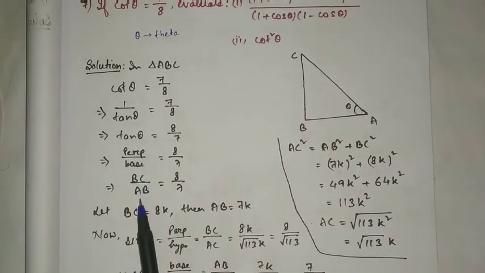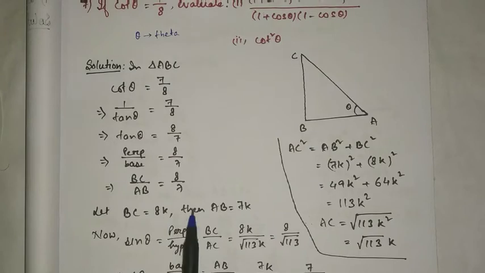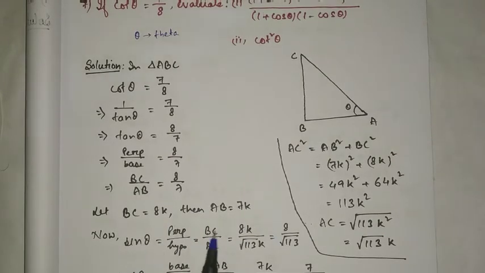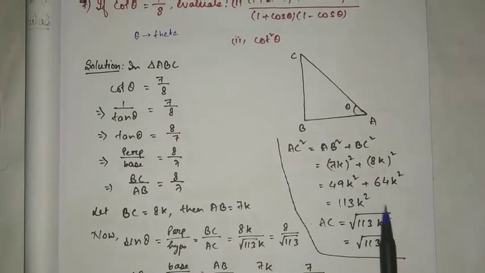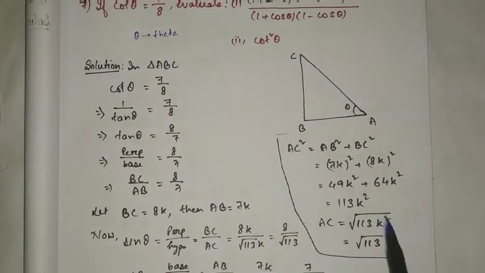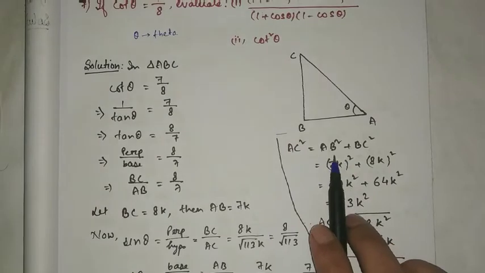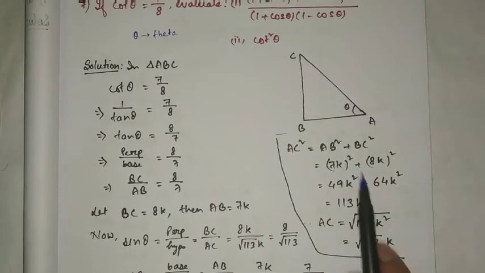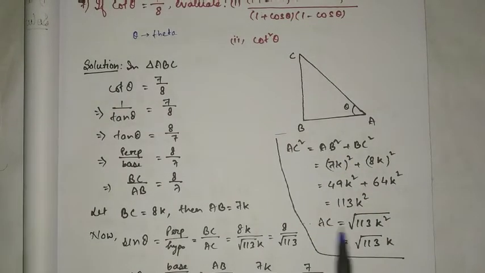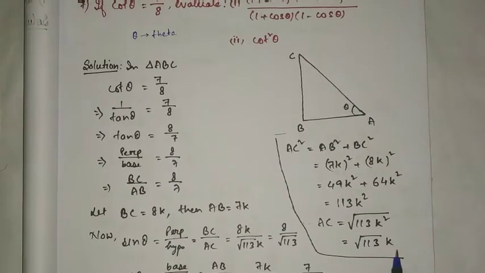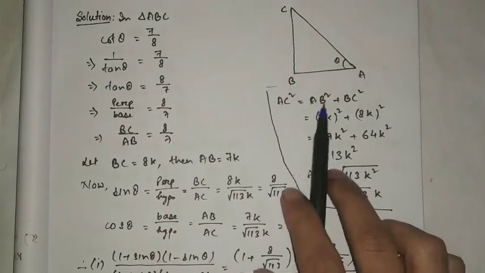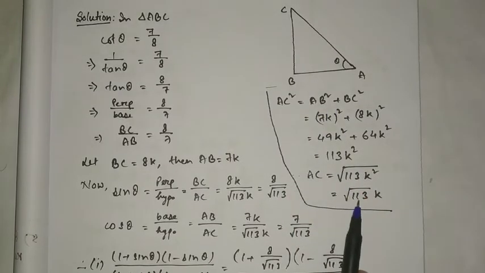So we get BC by AB as 8 by 7, and we can take BC as 8k and AB as 7k. Now we apply Pythagoras theorem to this triangle ABC, and we get the value of AC square as AB square plus BC square, and simple calculation leads us to AC is equal to root over 113 k. You can just follow this simple calculation. These are not so tough.